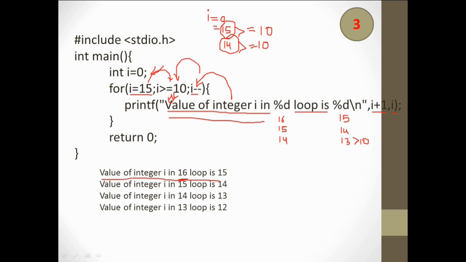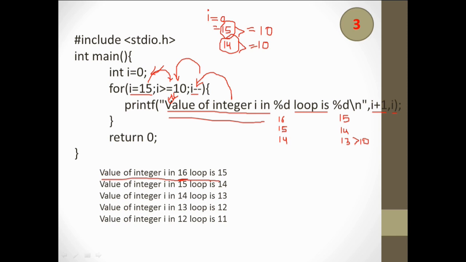Okay, after that again it will go to the decrement part and decrement the value of I by 1. Now the value of I will become 11, and it will check that 11 is greater than or equal to 10. So 11 is greater than 10. Yes, so again it will print value of integer I in 12 loop is 11, where 12 is the value of I plus 1.